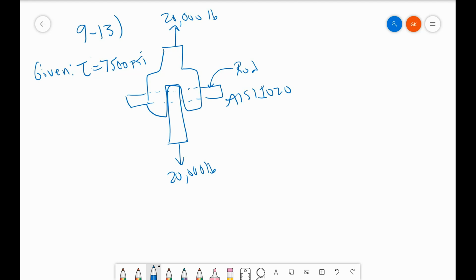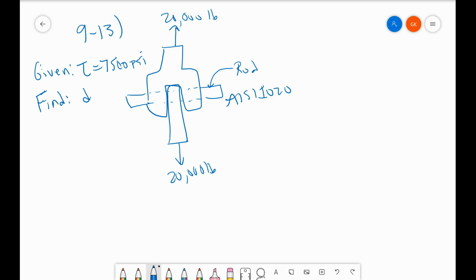Determine the required diameter and select a diameter to use, assuming bar diameters are available in 1/8-inch increments. Okay, so let's talk about that right now. I need to find the diameter, and they come in 1/8-inch increments. Find D. What this means is whatever diameter we solve for, we need to get a bigger diameter than that unless we hit right on the 1/8-inch increment.